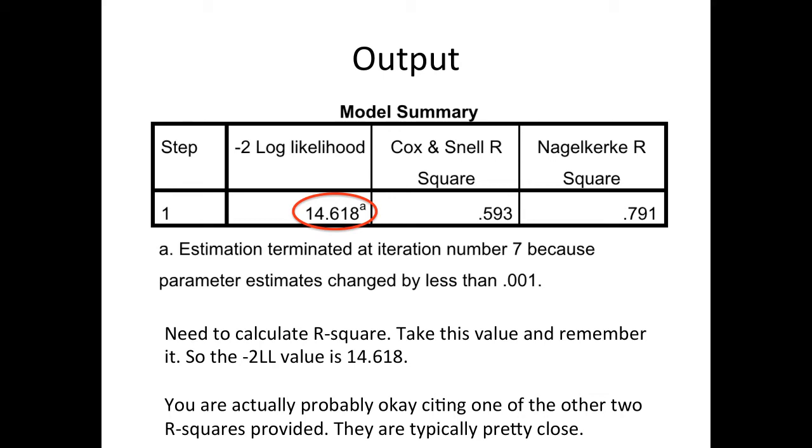So sometimes you could just use that Cox and Snell R squared value if you wanted just a quick understanding of how much variance is accounted for. But I'm going to show you just how to calculate that.